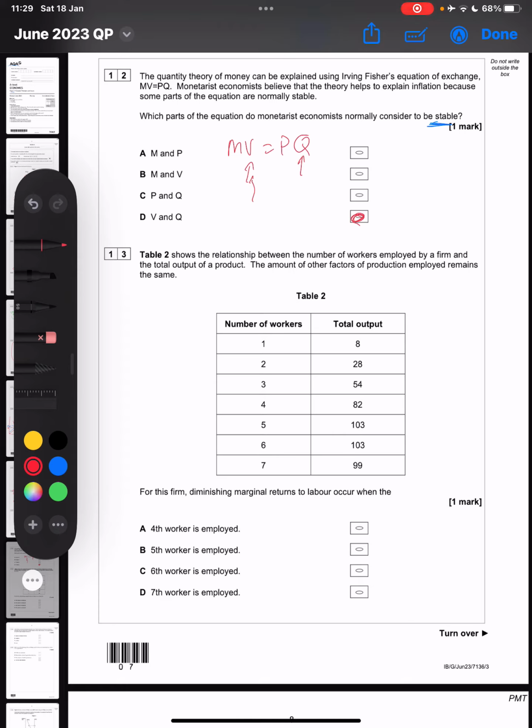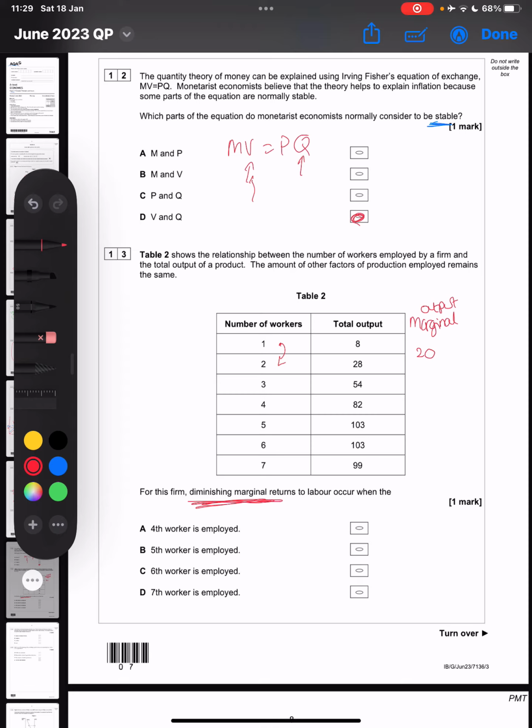The next one, number of workers, total output, we're looking for diminishing marginal returns. Now to do that, we need to work out marginal returns or marginal output. Doesn't really matter, the phrasing. As I increase the hiring from 1 to 2 workers, for example, output has increased by 20, so that's my marginal output.